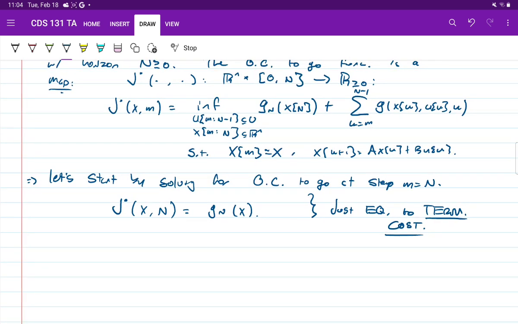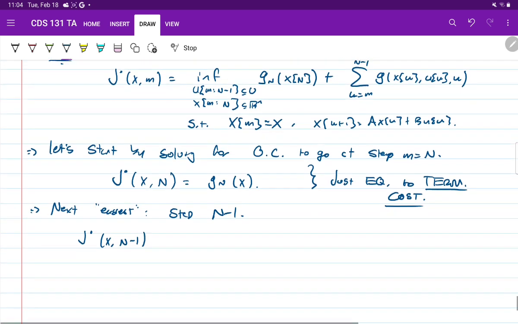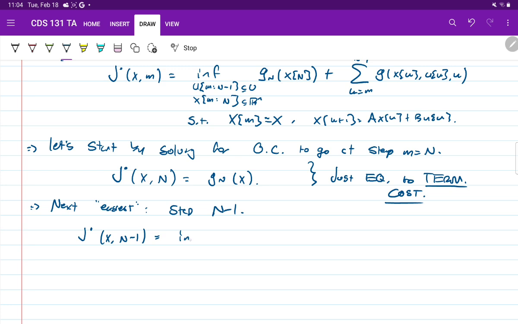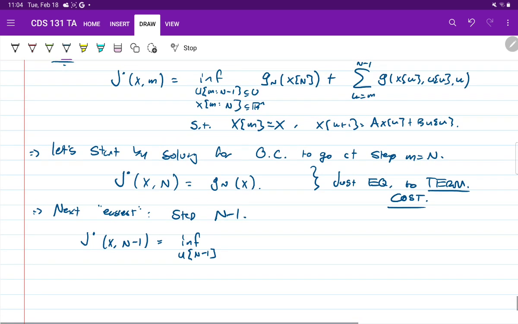Well, our next simplest problem is back at step n minus 1, okay? So next easiest is at step n minus 1, okay? So what's j star of x comma n minus 1 equal to? Well, this is equal to an infimum over an input u, which I'll just say is an input u at time n minus 1.